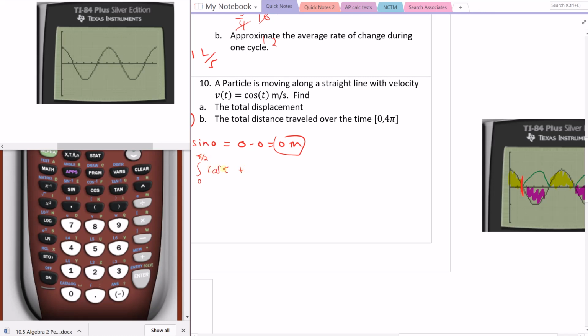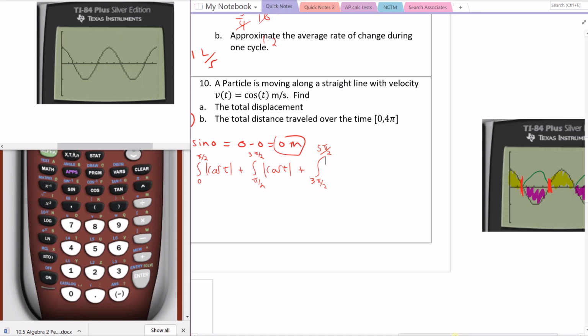Then we take the absolute value of that, plus the integral from pi over 2 to when it starts becoming positive again. That's here, at 3 pi over 2, and we take the absolute value of that. Then it's positive until 5 pi over 2 again.